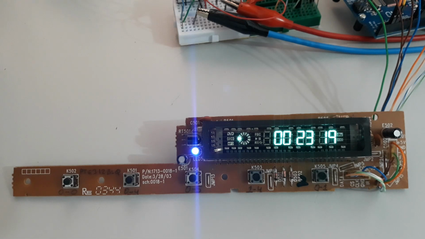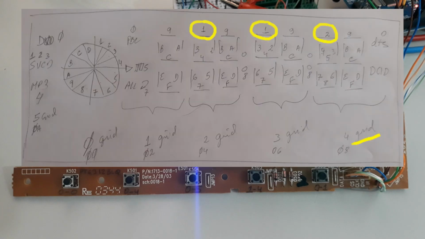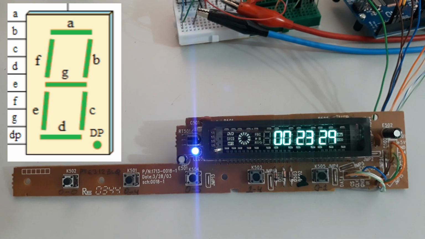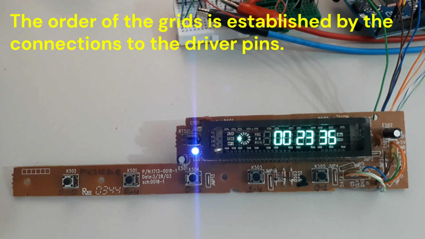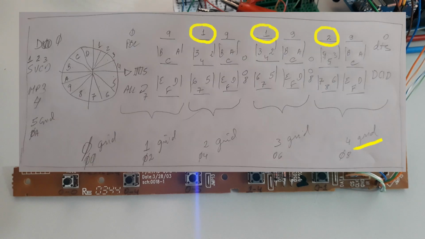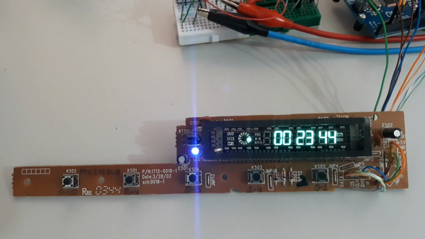If we pay attention to the numbering of the segments, that is the 1 that is in the position of the A in the 7 segments digit standard order, we will see that there is a difference in relation to the first digit of the grid number 4 because it is number 2, while in the digits of the other grids it keeps 1.